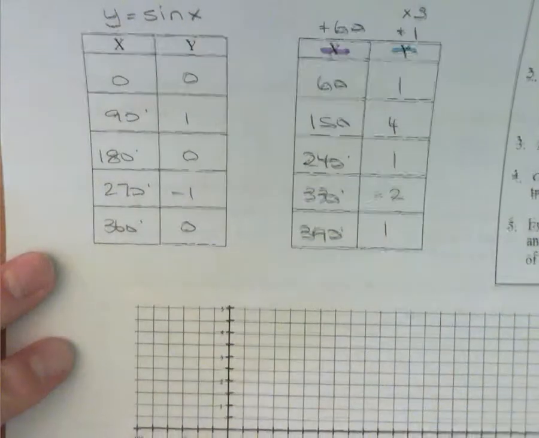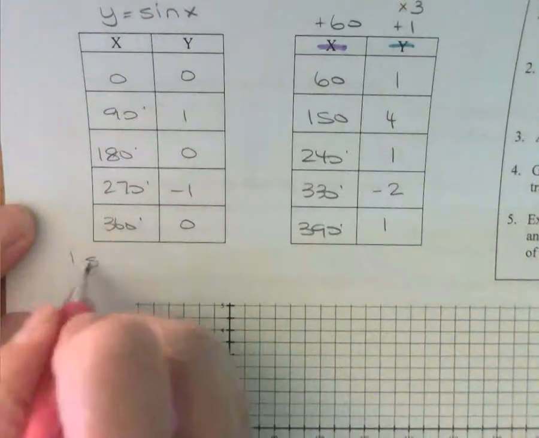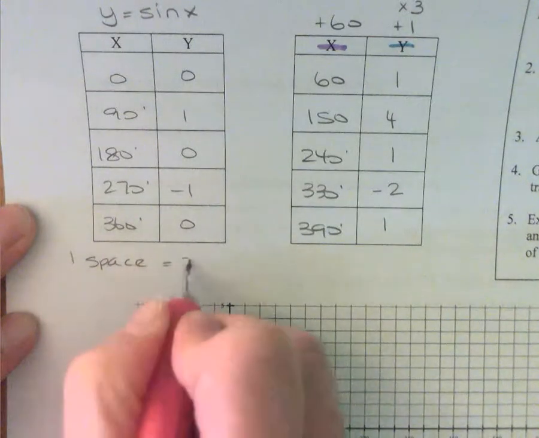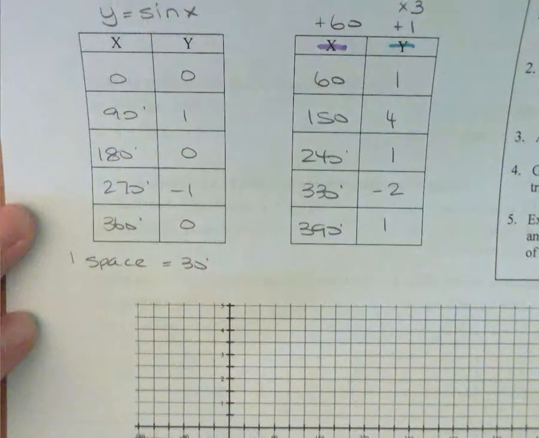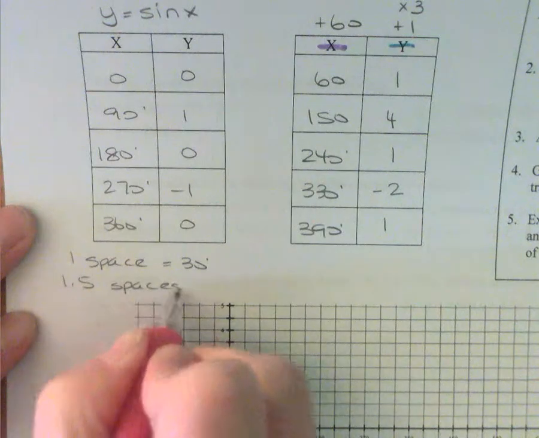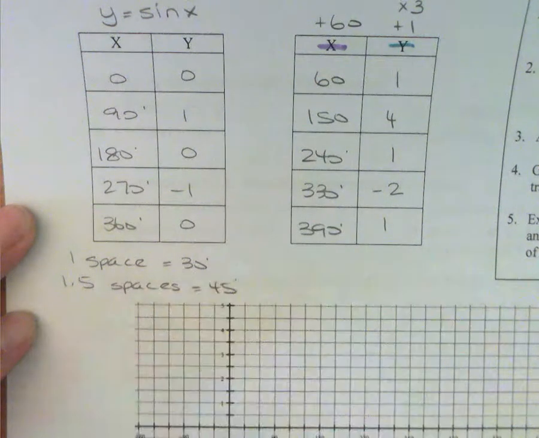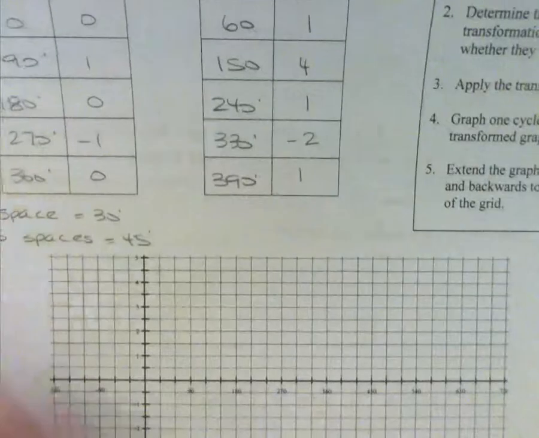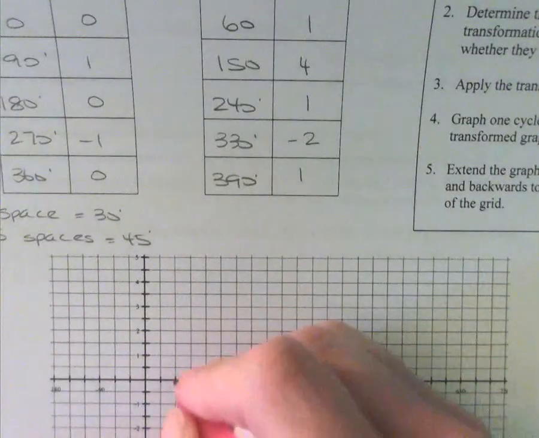The important thing to note too is all our spaces will be 30 degrees. If we have to graph by 45, 45s are 1.5 spaces. So if I look, I'm going to go here, 30, 60, 60 and 1.